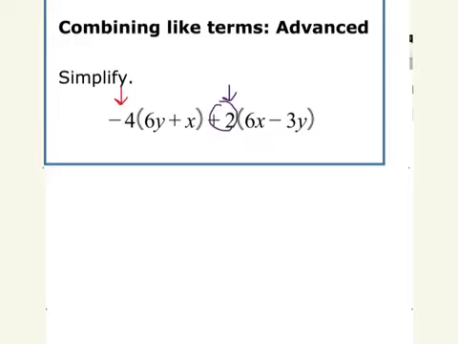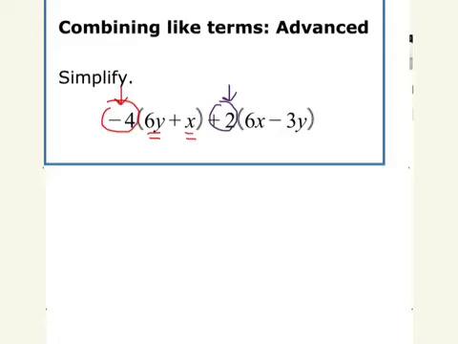So you've got a positive 2, which is going to multiply the 6x minus 3y on the right, and on the left this is a negative 4, which is going to end up multiplying 6y plus x. That's going to be critical to stay accurate with this problem.